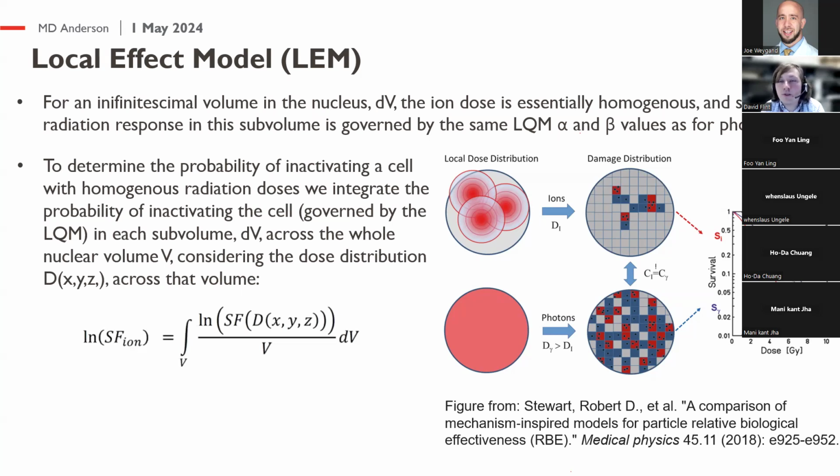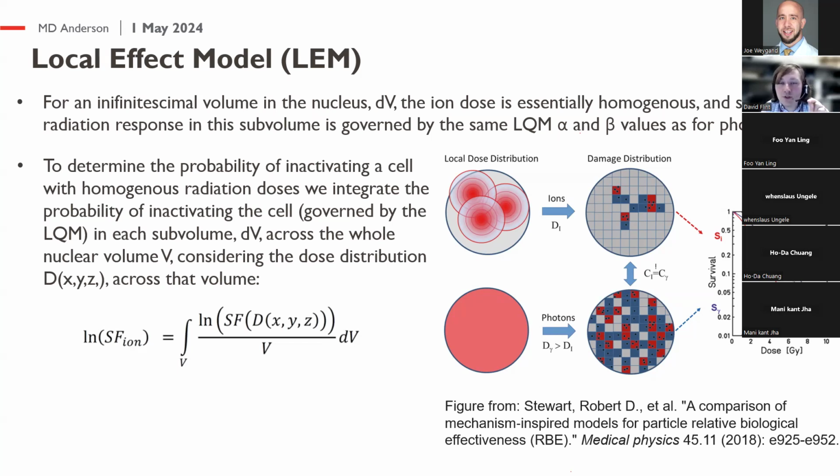You can see what this expression is trying to do. For an infinitesimal volume, dV, we're calculating the surviving fraction for the dose in that volume, and we're averaging that surviving fraction across the whole volume.